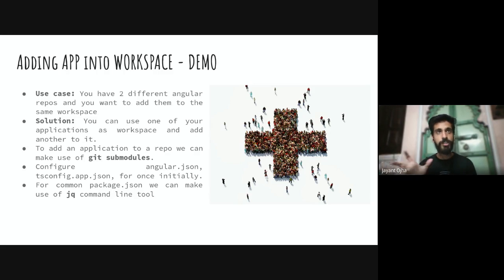So when you merge two different repositories, that is going to be a challenge, because those two repositories will have separate tsconfig.json files and also separate angular.json files. But when we have a workspace, we have just one single angular.json file, which contains the configuration of all the projects that we have. So these are two challenges that we can face, angular.json and tsconfig.json.